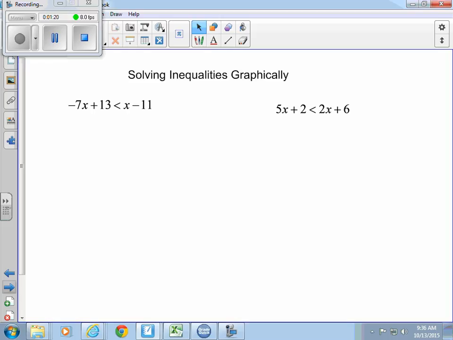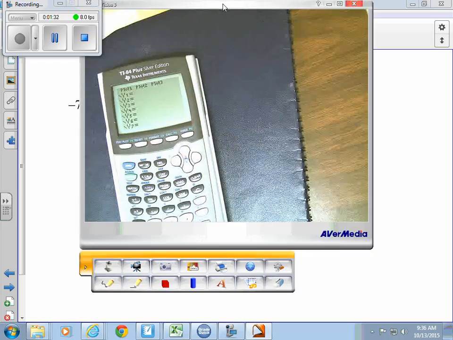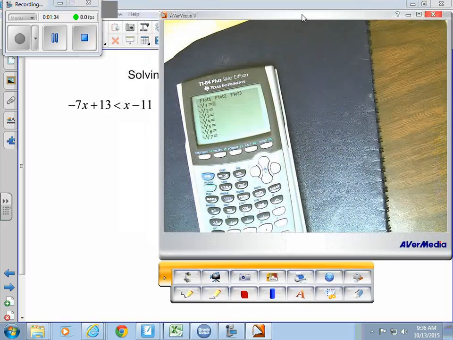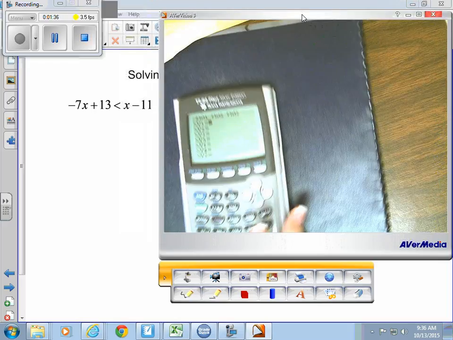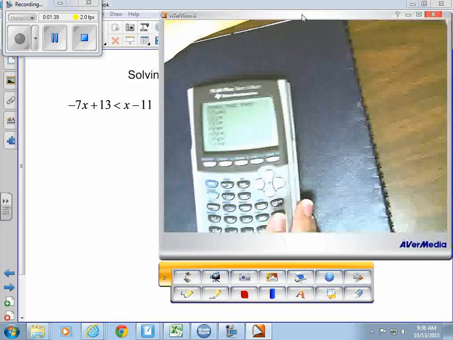Go to y equals in your calculator. Everyone do this with me so that you know how. So this is new for today. In y equals, there's two ways to do it. First, I'm going to do it just the way it's set up.